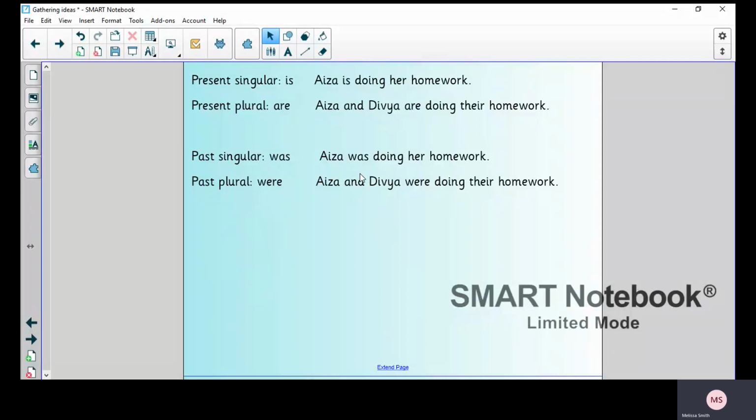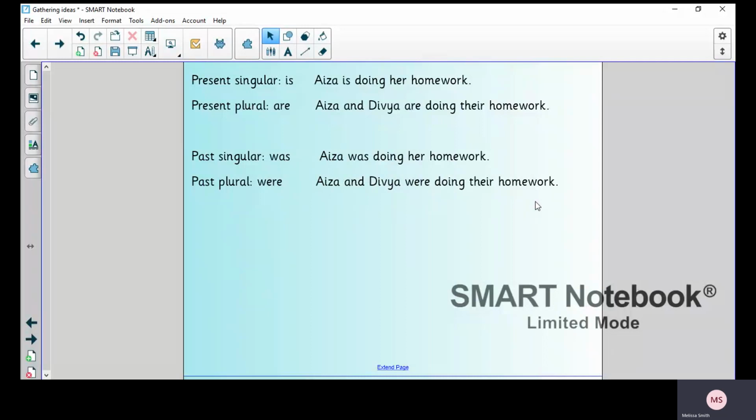Well, we use was here because it's in the past tense. The action has already been completed, and there is only one noun. It is singular. So therefore, in this rule here, we use were because there is more than one noun. There are two nouns. It is plural, and it's in the past tense.